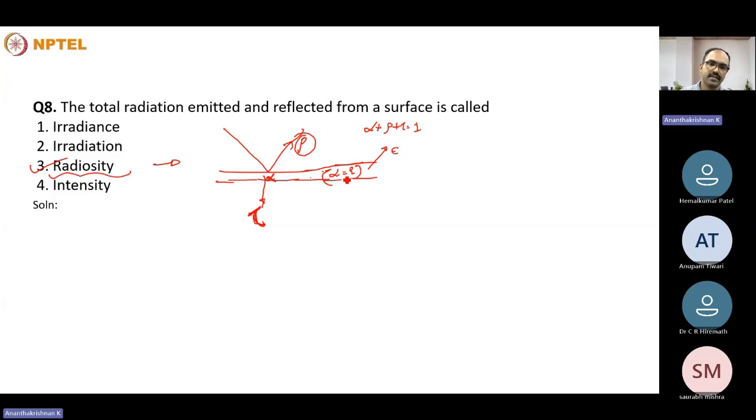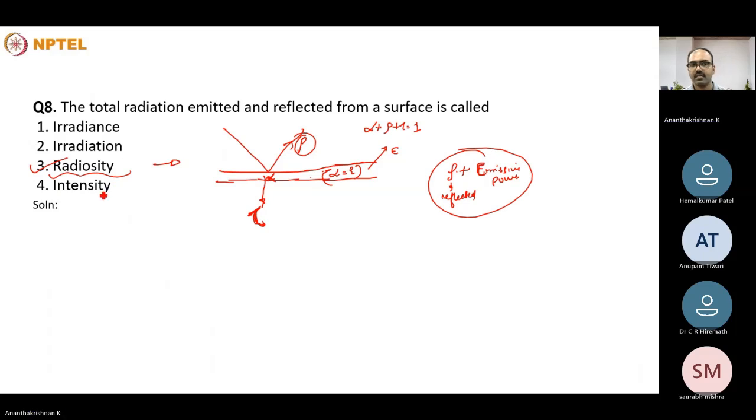So that is the epsilon part, the emitted component. The combination of this rho plus epsilon, this is the emissive power and this is the reflected portion. These two combined are called radiosity.